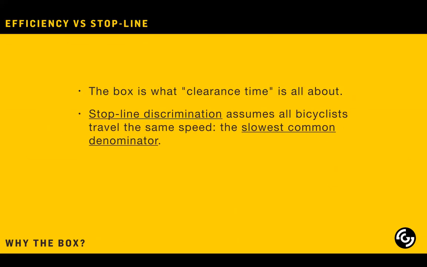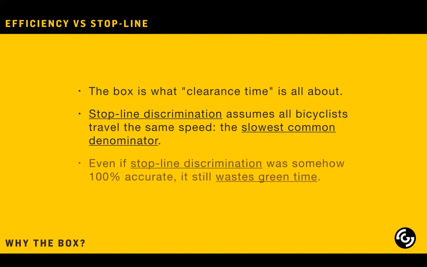So stop line discrimination assumes all bicyclists travel the same speed. It's kind of a slowest common denominator. So even if stop line discrimination is 100% accurate, it still wastes green time because the majority of bicyclists travel faster than that slowest common denominator.